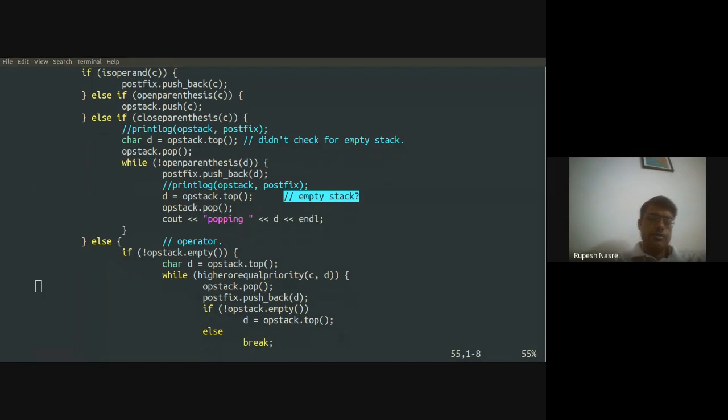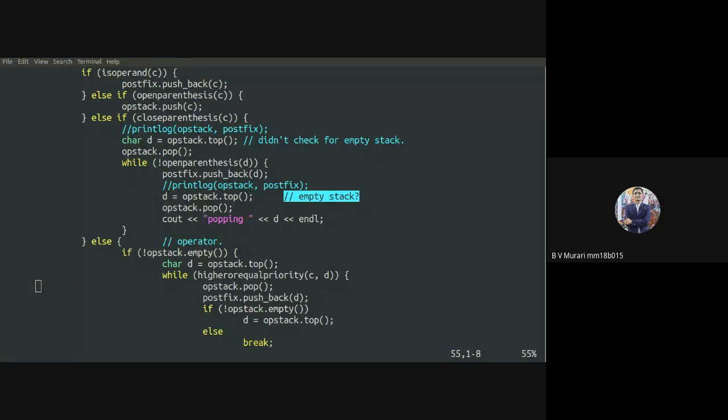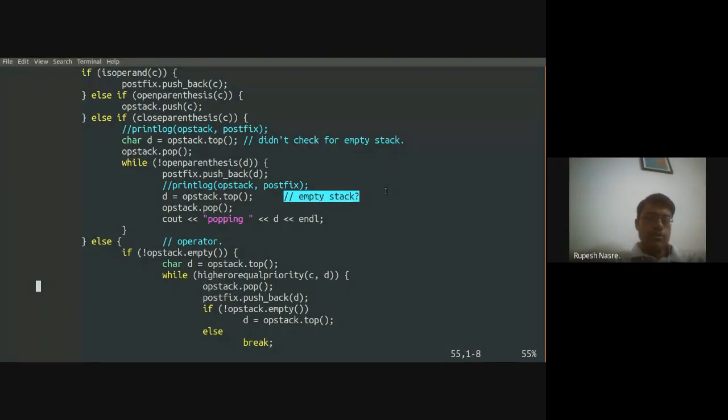So why is there no check for an empty stack here? Any suggestions? If there is a closed parenthesis coming, some elements will be there. So in some sense, yeah. In some sense, this is assuming that the infix expression is correct. Right? If it is not correct, then we have to worry about the error condition.